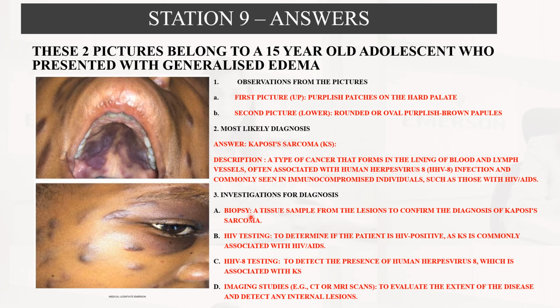So question 3, investigations for the diagnosis. Okay, so number 1 is a biopsy. So you have to get a tissue sample from the lesions to confirm the diagnosis of Kaposi sarcoma. And I've seen another question where they asked, what are your findings in a biopsy? So meaning what type of cells do you find in Kaposi sarcoma? So this is a question I'm going to pose to you.